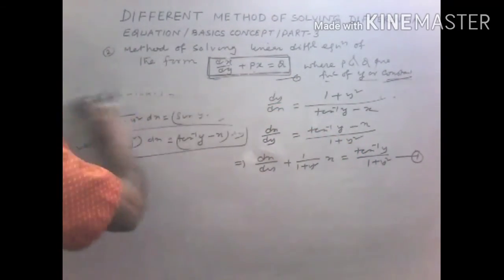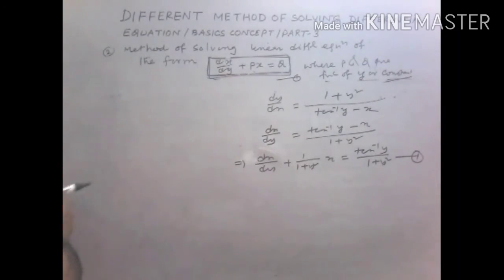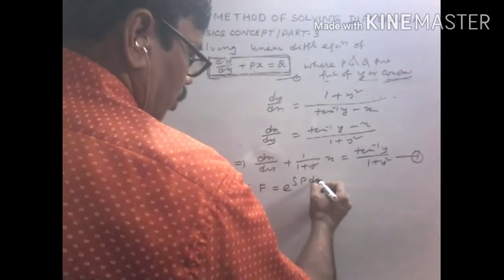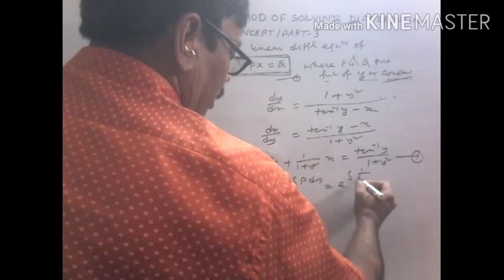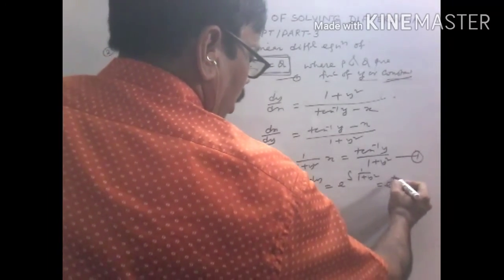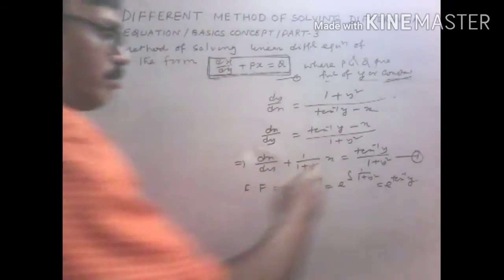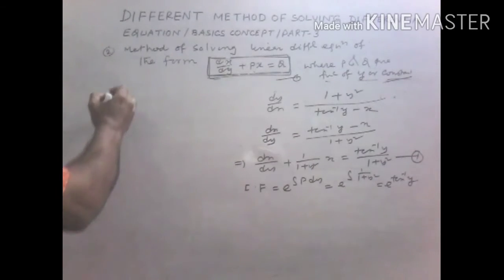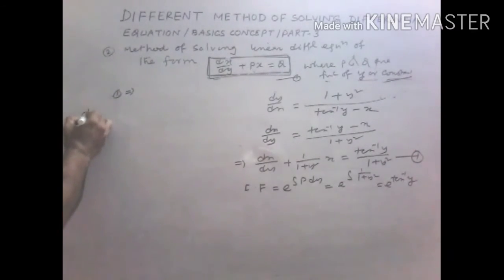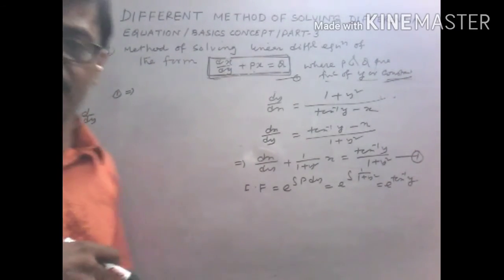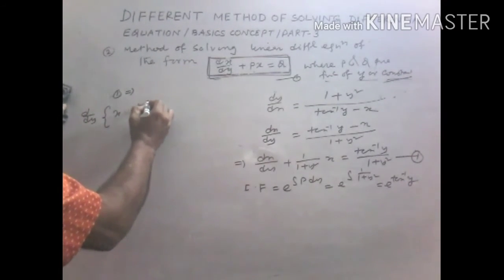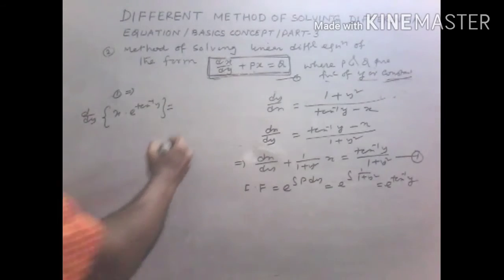Now look, this is in standard form. What is the integrating factor? e to the power ∫P dy. x is replaced by y. So e to the power tan inverse y. So, d/dy, not d/dx, d/dy of x into integrating factor.